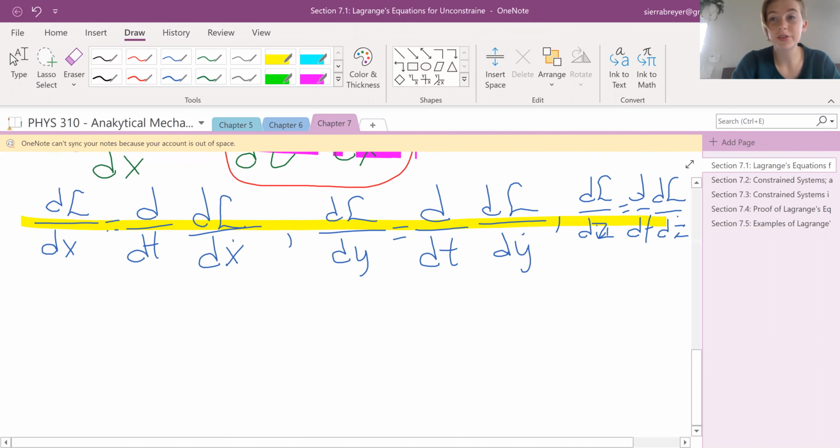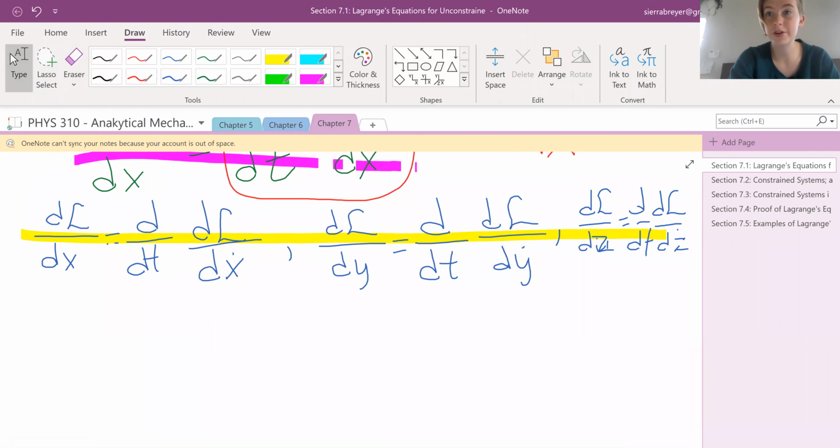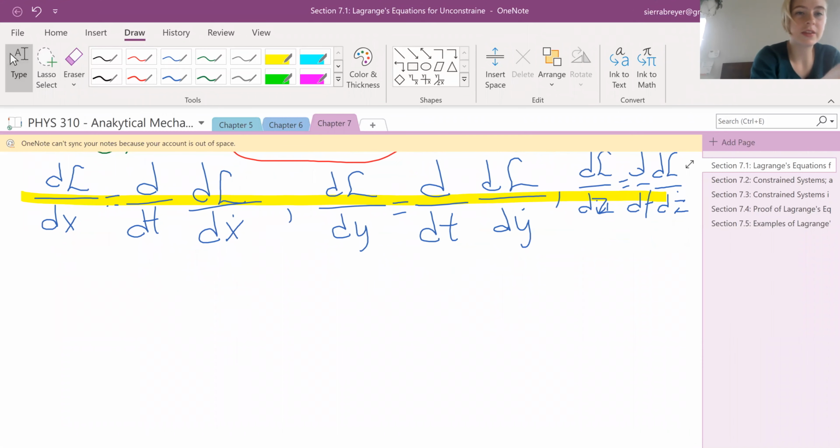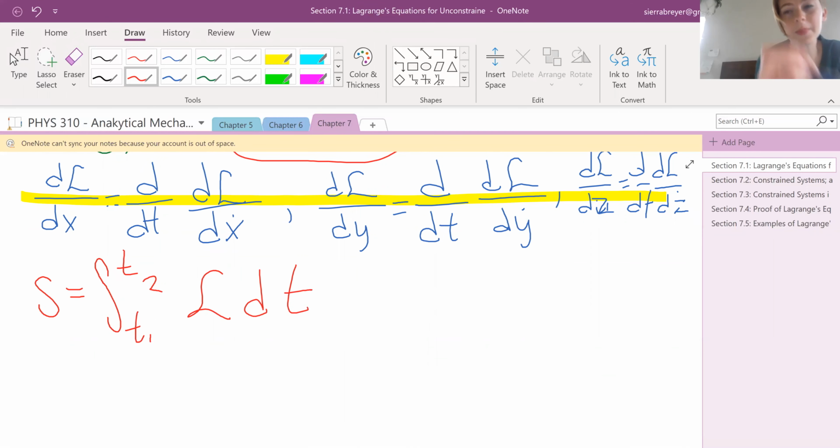So what we also know from chapter 6 is that these three equations make it so that they satisfy an action integral, is what it's called, of S equals the integral from t1 to t2 of L dt, and at this point that integral is stationary.